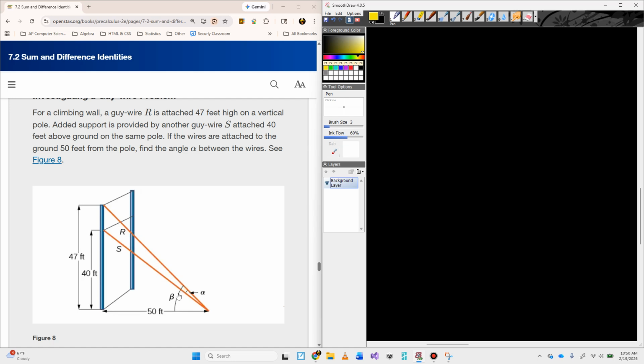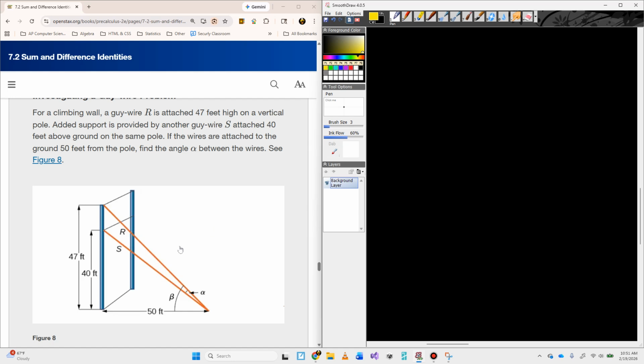There is an angle that represents this wire R to the floor, and there is another angle that represents S from the wire to the floor, and there is another angle A between R and S. That is the angle that we want to find.